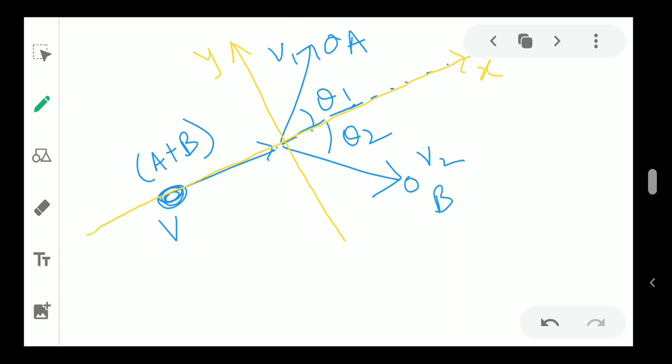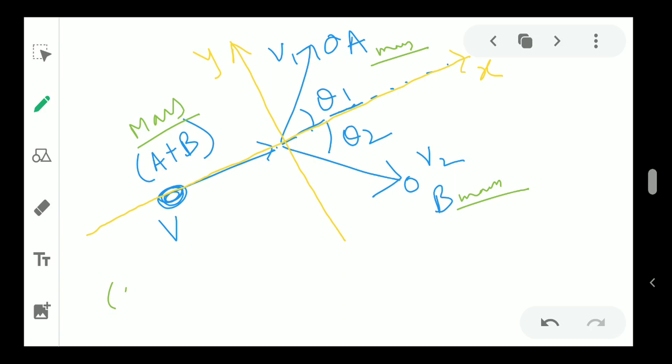Along the x-axis, A and B are the masses.